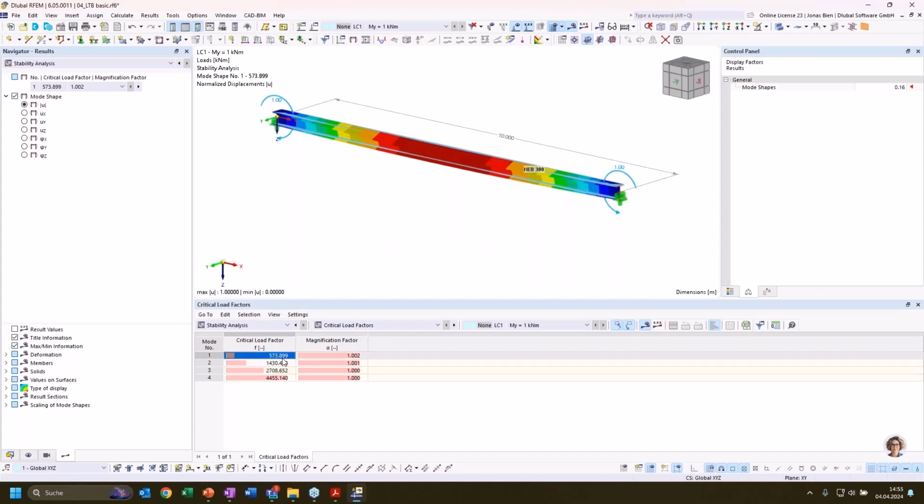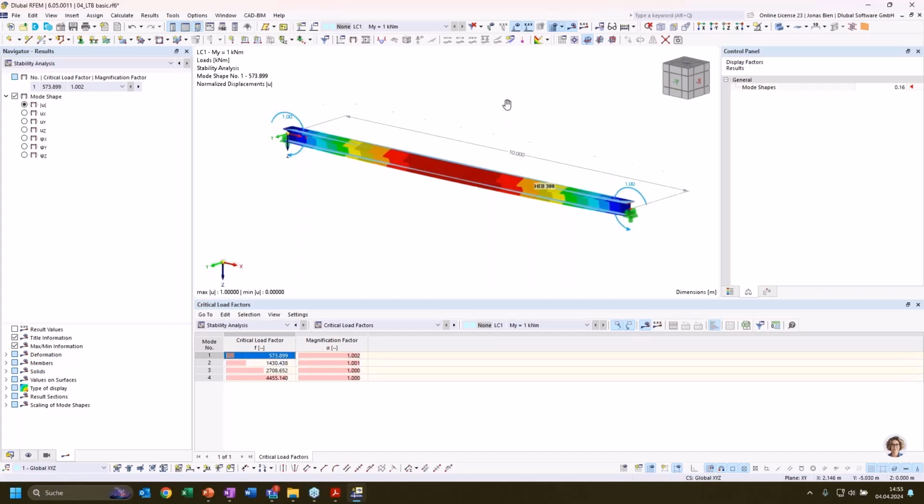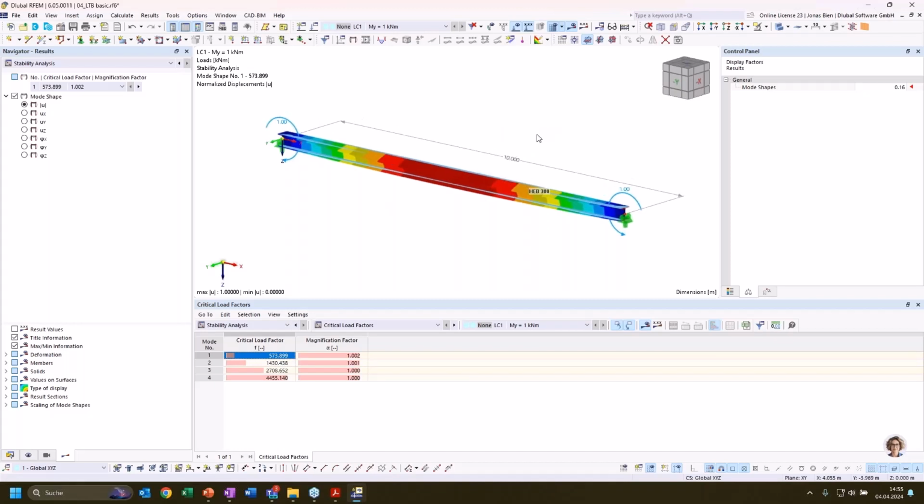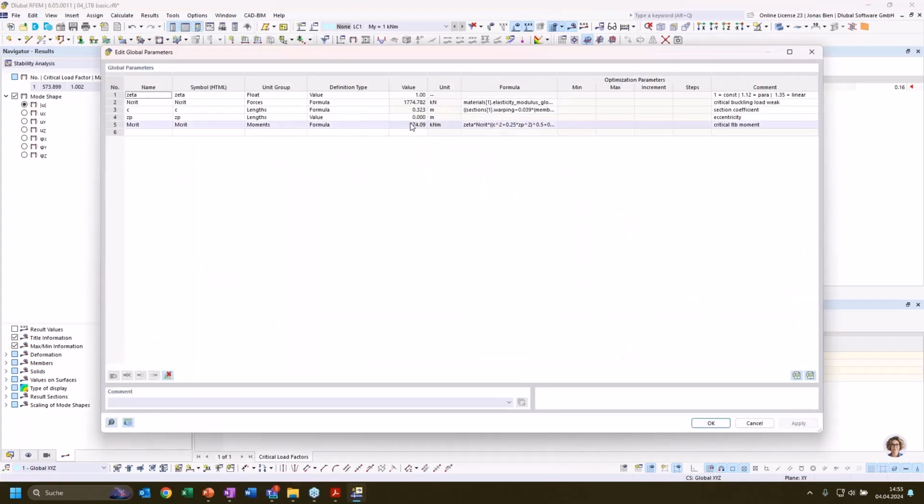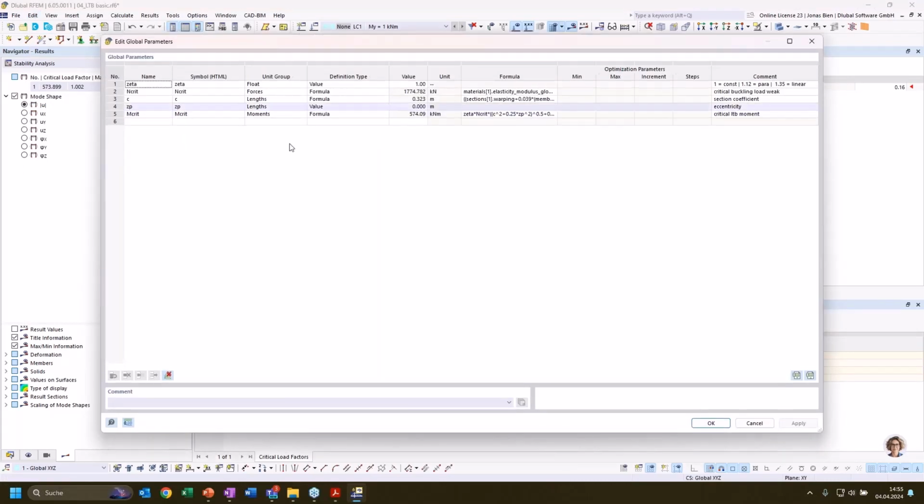It was once also written down in some of the codes. For example, in the old German steel construction norm or code DIN 18800. I think in some national annexes of the Eurocode 3, this formula is also given. But for our convenience, I already plugged this formula to calculate the critical bending moment for lateral torsional buckling into our global parameters.